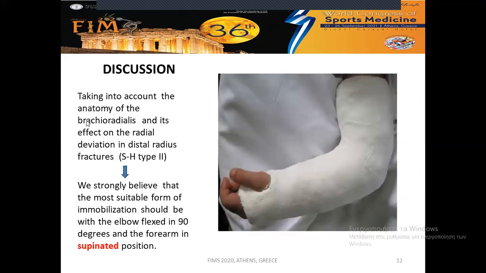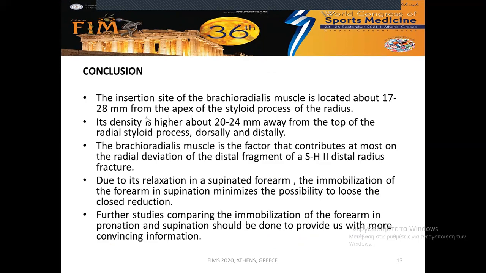Taking into account the anatomy of the brachioradialis and its effect on the radial deviation in distal radius fractures, we strongly believe that the most suitable form of immobilization should be with the elbow flexed 90 degrees and the forearm in a supinated position. We came to that conclusion because the insertion site of the brachioradialis muscle is located about 17 to 28 millimeters from the apex of the styloid process of the radius.